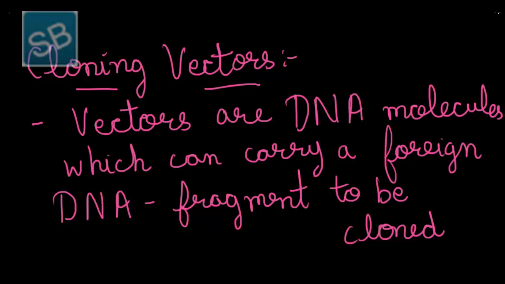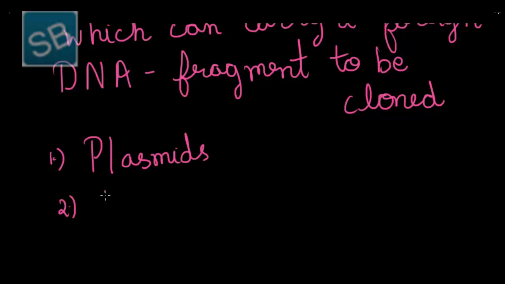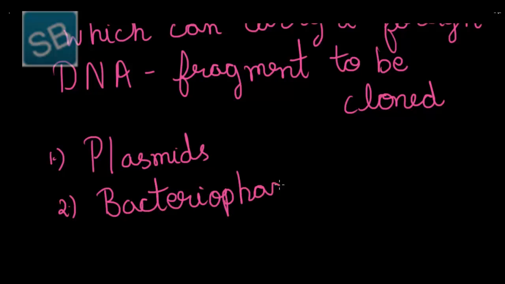These vectors can be of various types like plasmids and bacteriophages. These are the two most important vectors that help in the recombination process. These vectors can replicate in a bacterial cell independent of the control of chromosomal DNA.